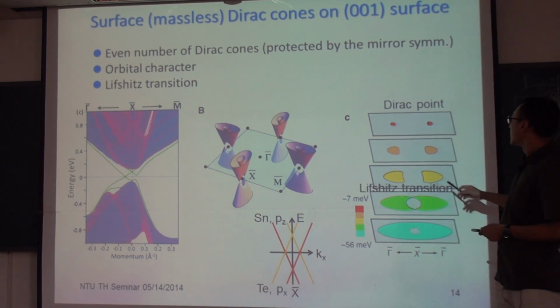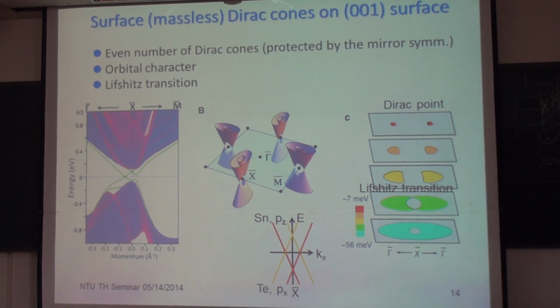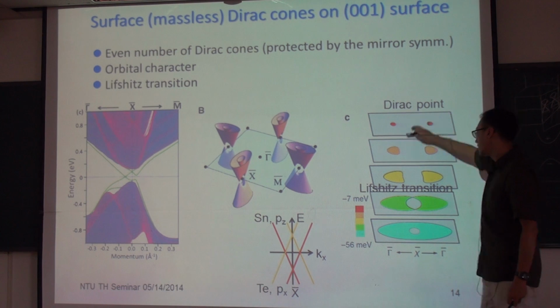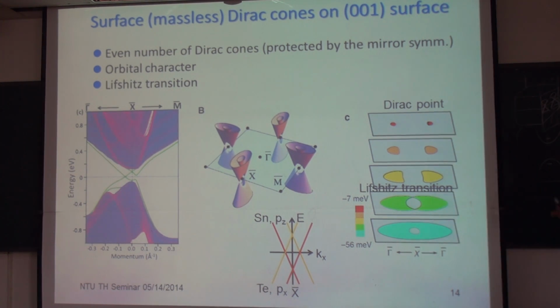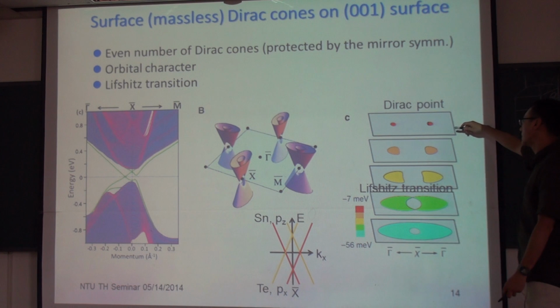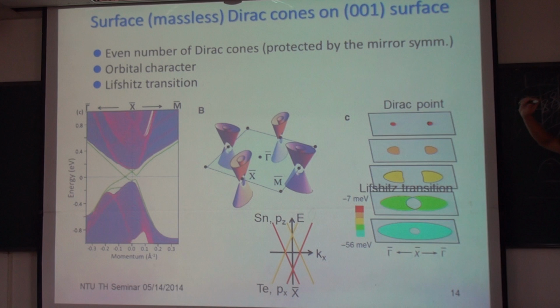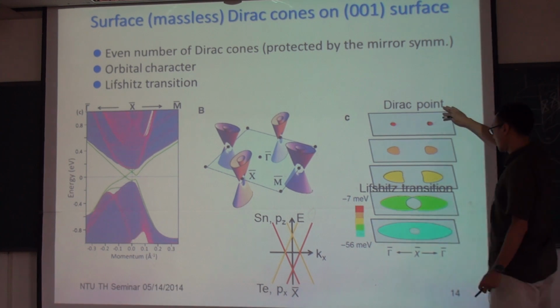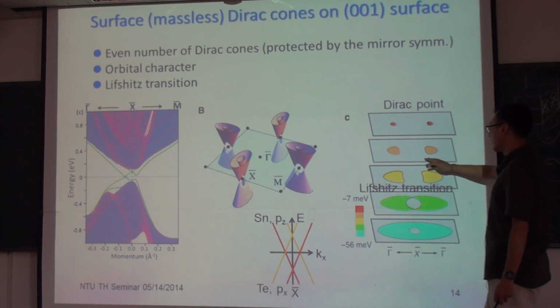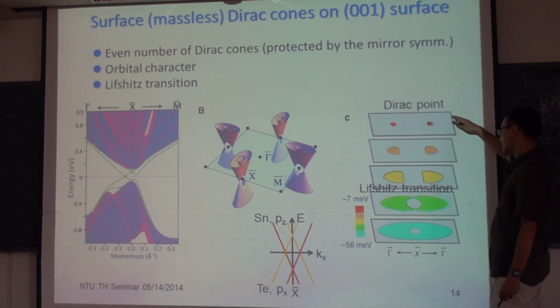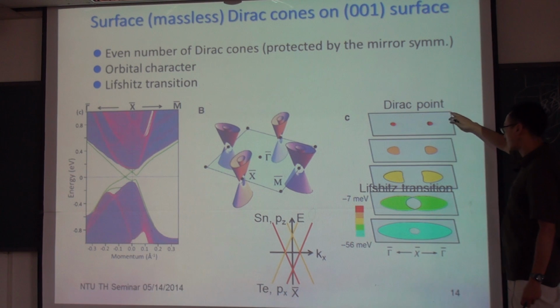And the third thing is that there exists a Lifshitz transition in the surface state, in the sense that if you lower the energy in your system by changing photon energy in an ARPES experiment, people do observe that the Fermi surface evolves as a function of constant energy in the electronic system.